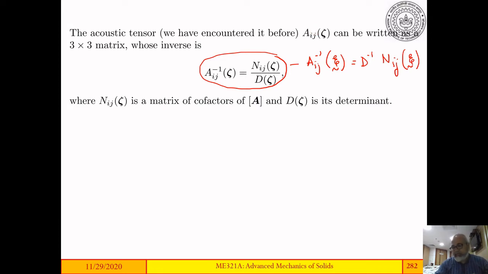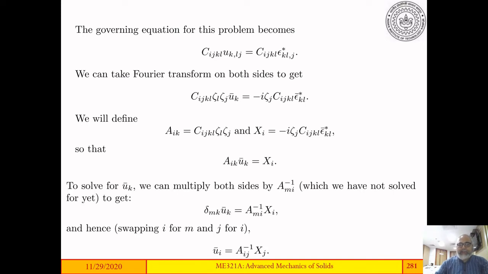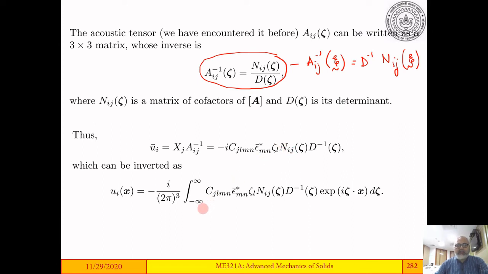If you don't know, just look up a book on basic linear algebra. Now I'm going to use that expression here, and I am going to find ui bar. Ui bar is aij inverse xj. So I have the expression for xj. I have taken this thing to be xi. So xj would be i replaced by j and j replaced by something else. So if I do that, this is what I get for ui bar.